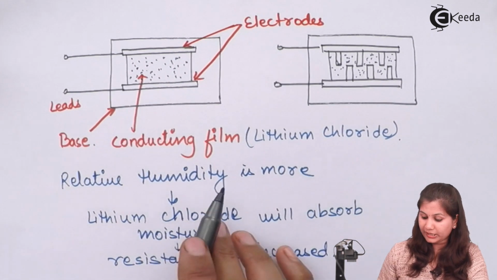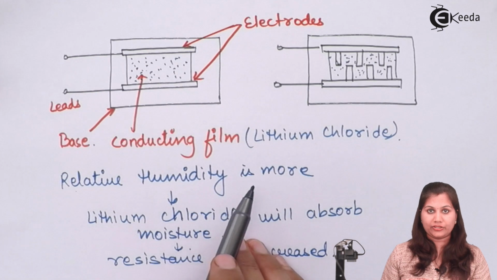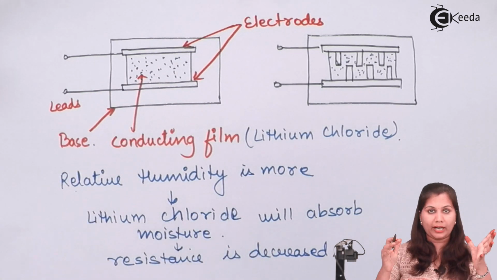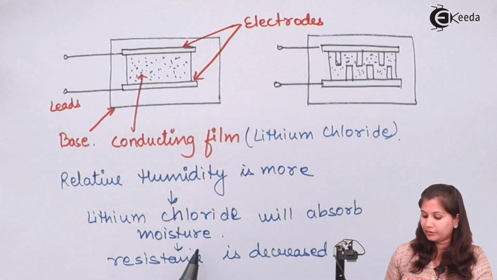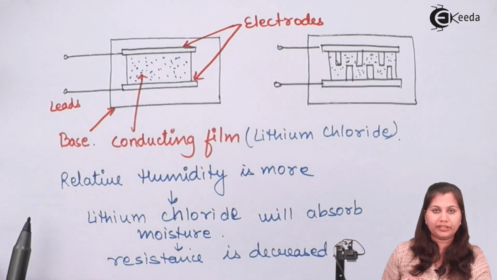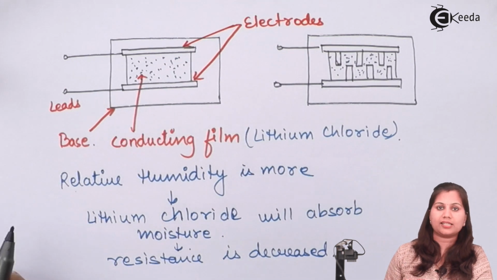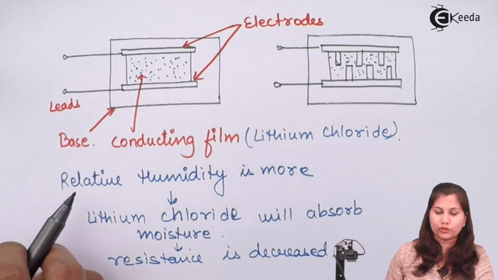This decrease in resistance is measured with the help of the Wheatstone bridge.